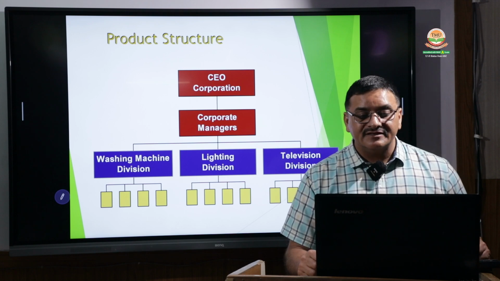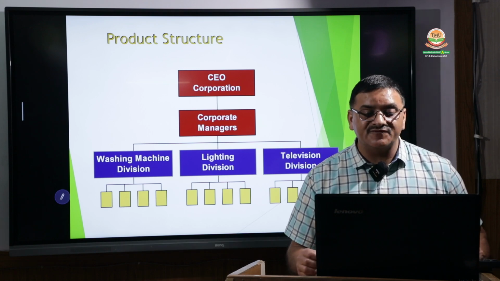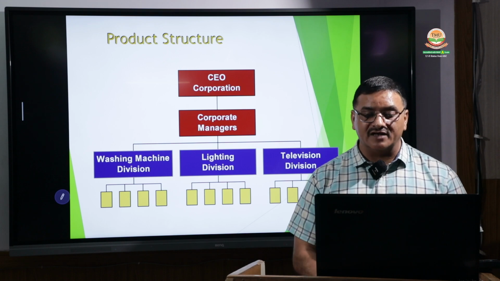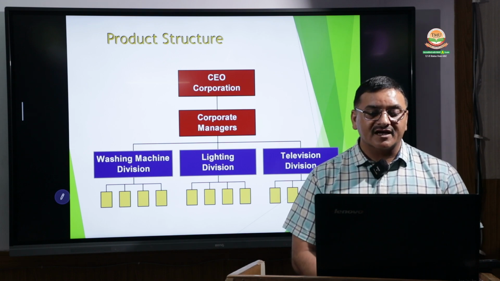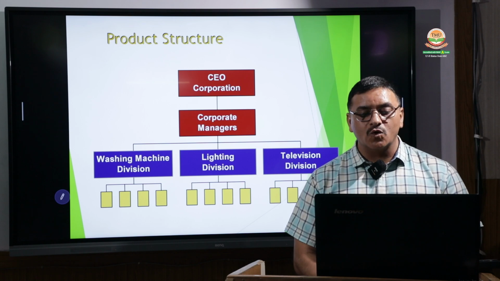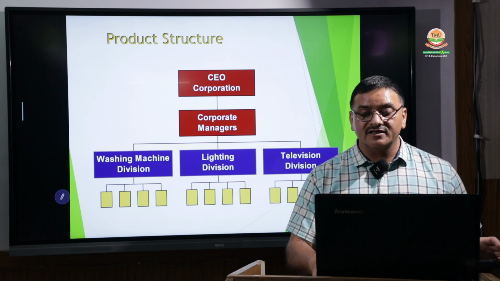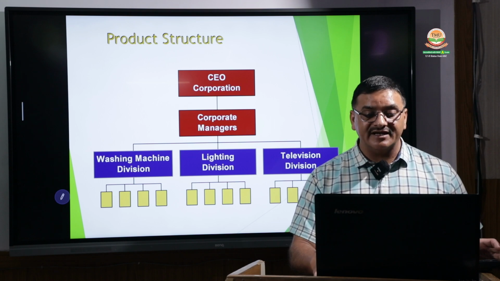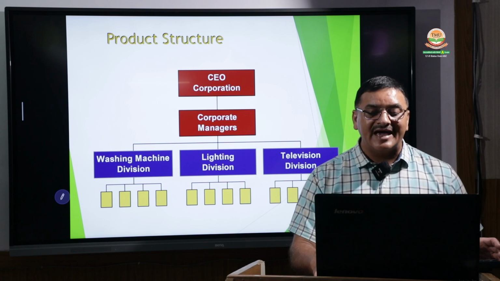For example, this kind of distribution can be found in the case of perishable products and confectionery such as bread and butter. The company may use its own sales force or distributors, who in turn use wholesalers and retailers to reach the actual customers, or they can also go for a combination of both distributors and its own sales force team.